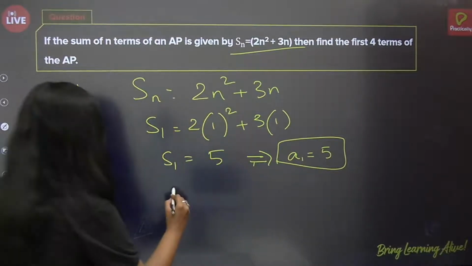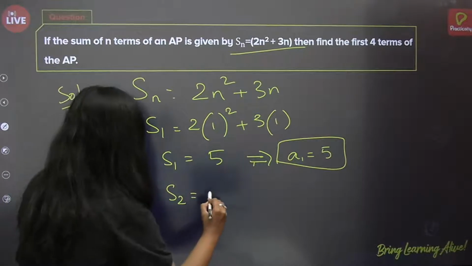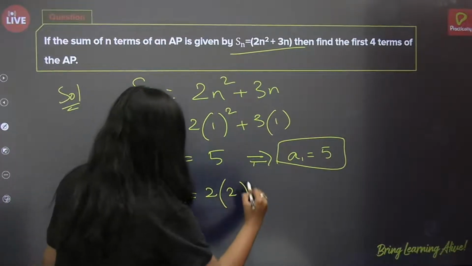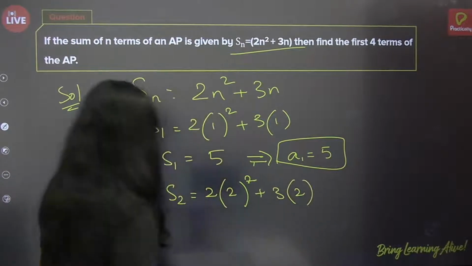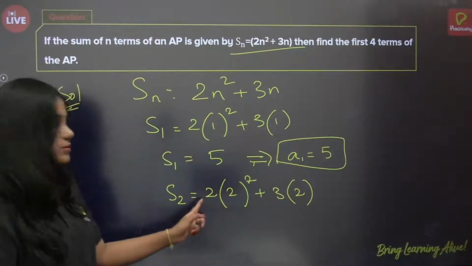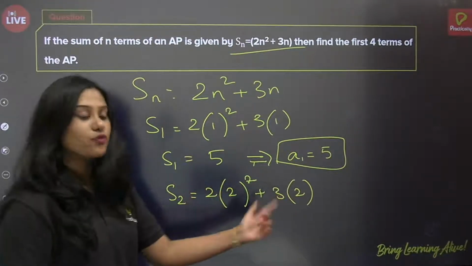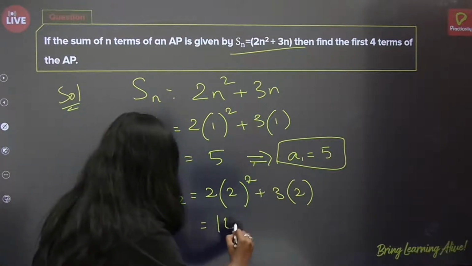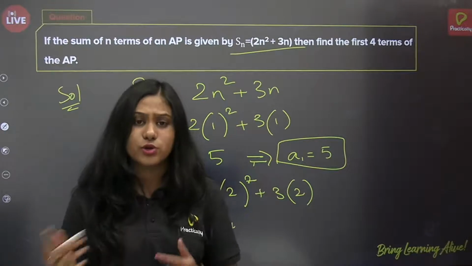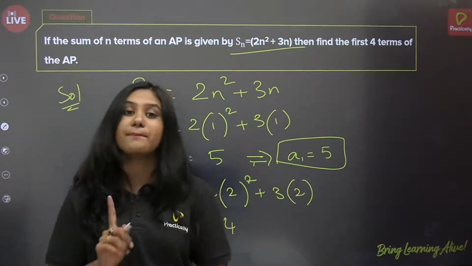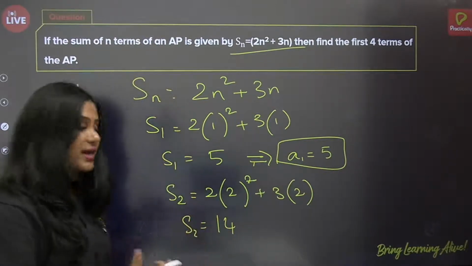Okay, now what is S2? S2 equals 2 of 2 square plus 3 of 2. 2 square is 4, 4 times 2 is 8, 8 plus 6, 14. We got S2 equals 14, but can we write S2 equals A2? No, this is a big mistake. How do we find A2?